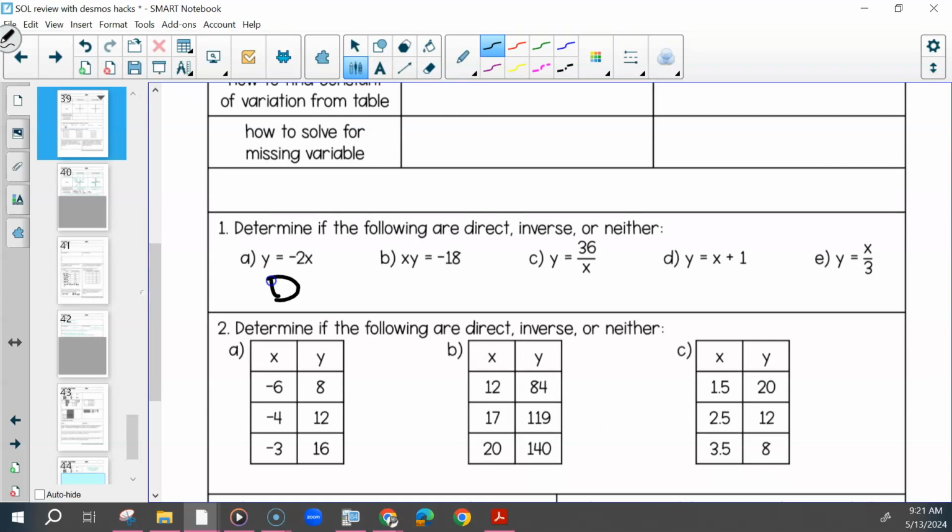Can you do one in number 2? Sure. Gabrielle, take a couple others from number 1 and we'll do number 2, E. So if I'm basing that off the equations, y equals x over 3. For direct, it's y equals kx.